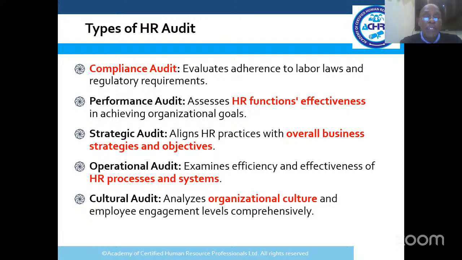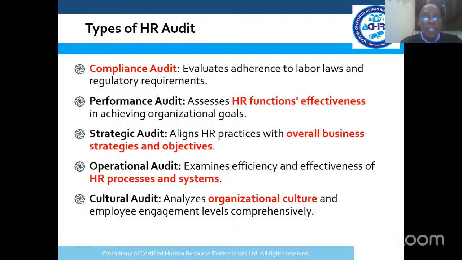The fourth type of HR audit is the operational audit, where we are looking at the HR processes and systems and how efficient and effective they are. This is where the rubber meets the road. As HR managers, our operational efficiency must be above board, because failure in operations means that there's a failure in the whole system.